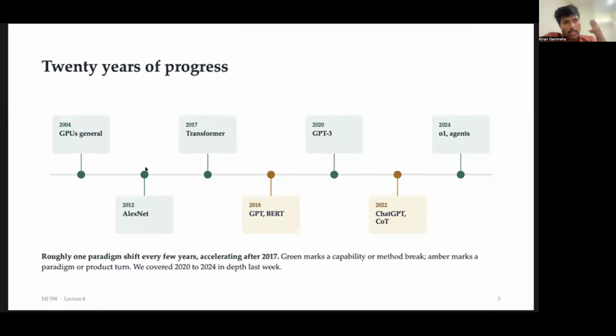So we start with 2004, where these things called GPUs, graphics processing units, come in. One of the biggest breakthroughs for this entire field has been the discovery that these graphics processing units, which are usually used to render computer games and animations faster, can also be used to speed up matrix multiplications and other forms of operations that are required for linear algebra.